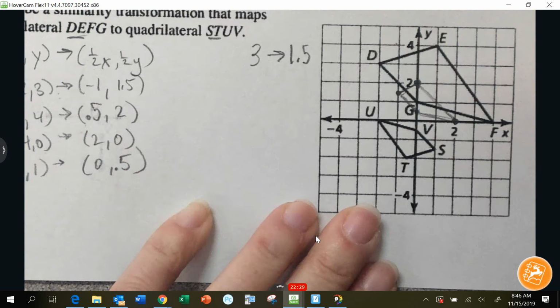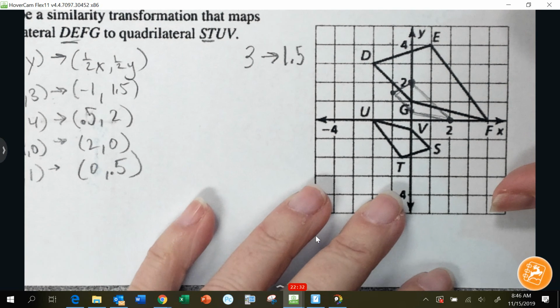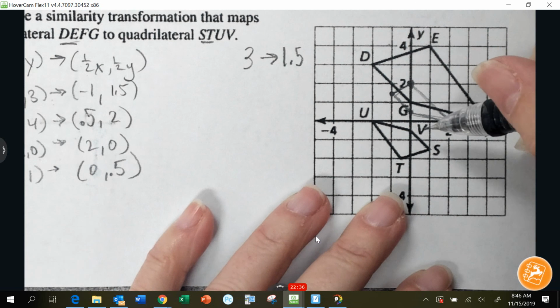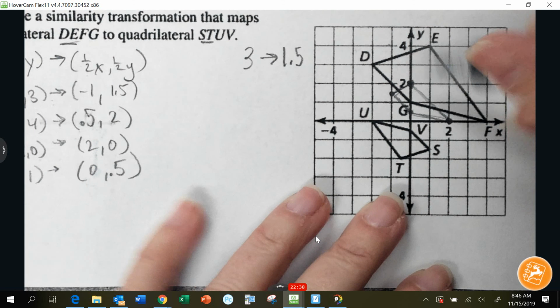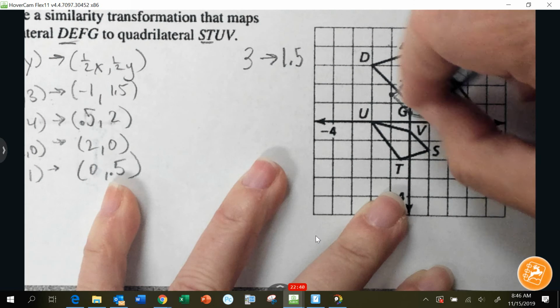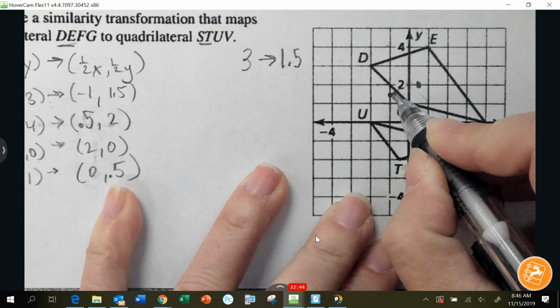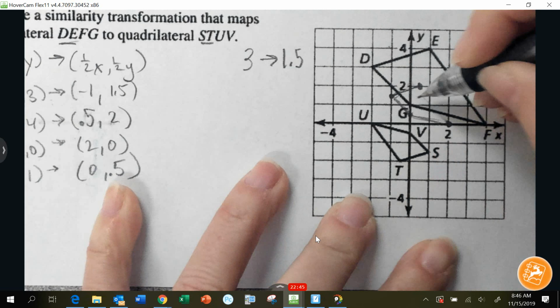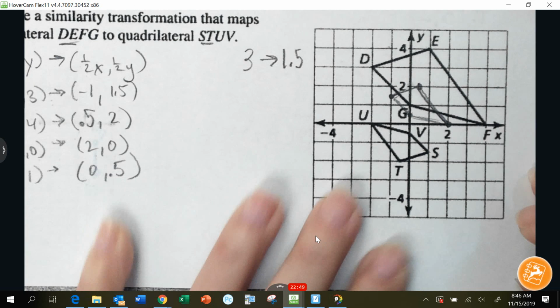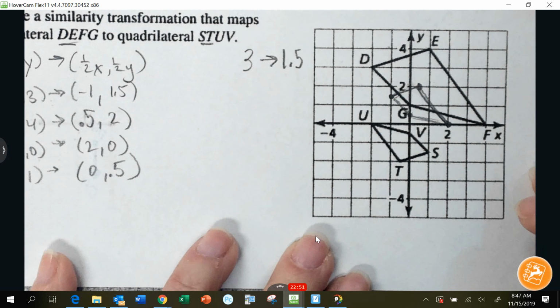See, I just need to always do my homework with you guys to help me out. Okay? So 0.5, 2 should be that. Now does it look better? Yeah, it looks better now.